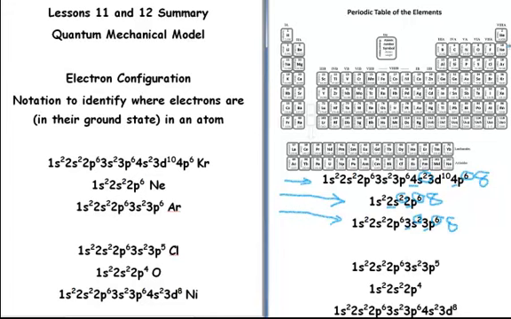Now let's look at those. Here's neon, here's argon, and here's krypton. They are all in column 8A. Everything in column 8A has 8 electrons in its highest energy level. Those are called valence electrons.